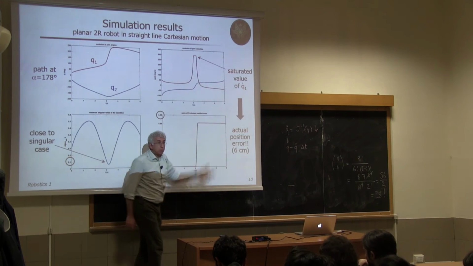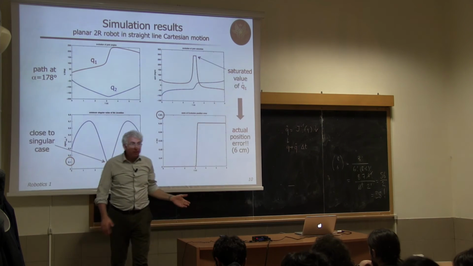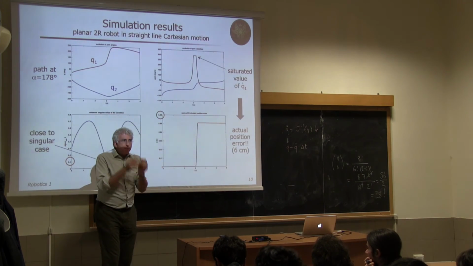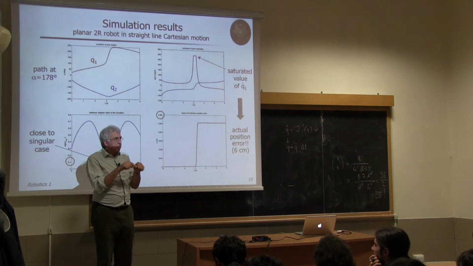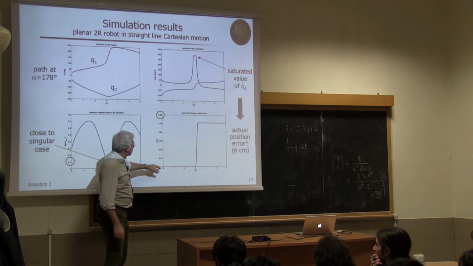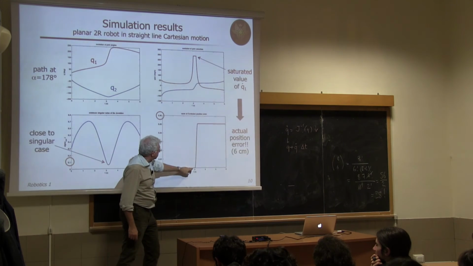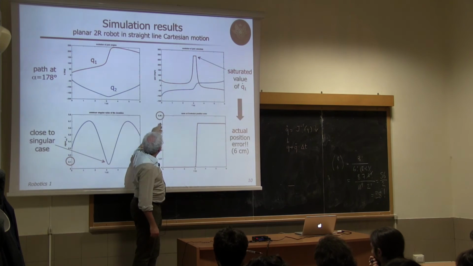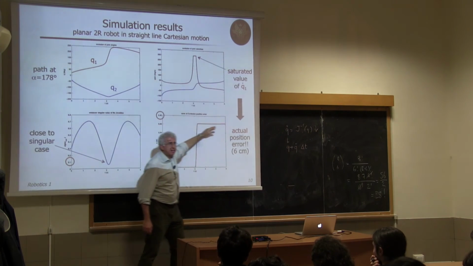In fact, the maximum value is 300 degrees per second, so I'm saturating. But saturating the velocity means that I'm not applying the velocity needed to stay on the trajectory. And in fact, I see that as soon as I have a saturation, there's an error jump. Okay? So the error jumps to 6 centimeters and stays there forever.